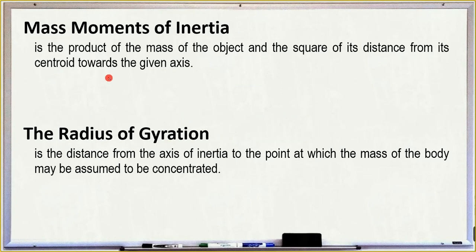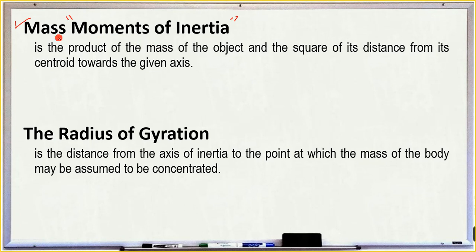Okay, so starting with the first principle, that is the mass moments of inertia. So when we talk about moments of inertia, we already done with this one. It only talks about the second moment of area. So our interest there is the area, no, the area of a given 2D figure.